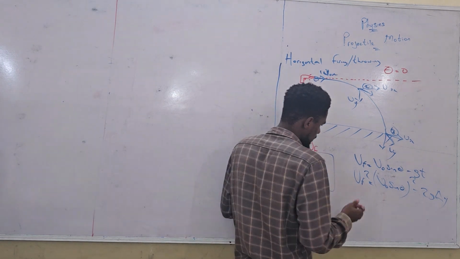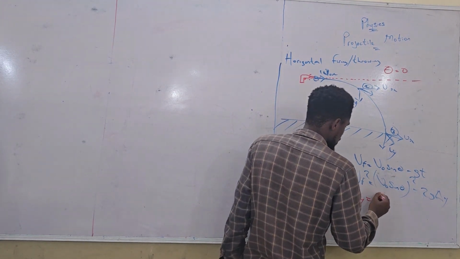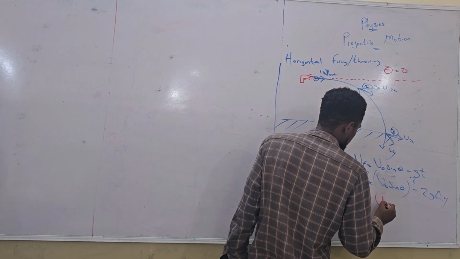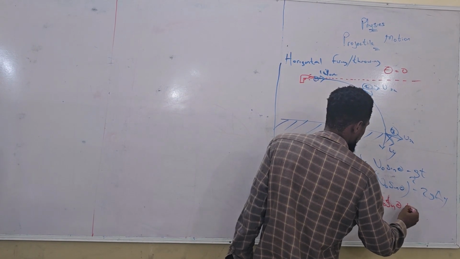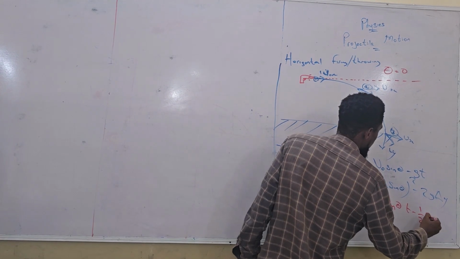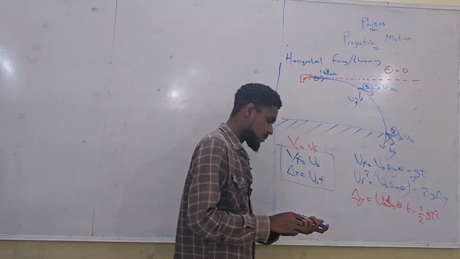And lastly, delta y is equal to V naught sine theta t minus half gt squared.